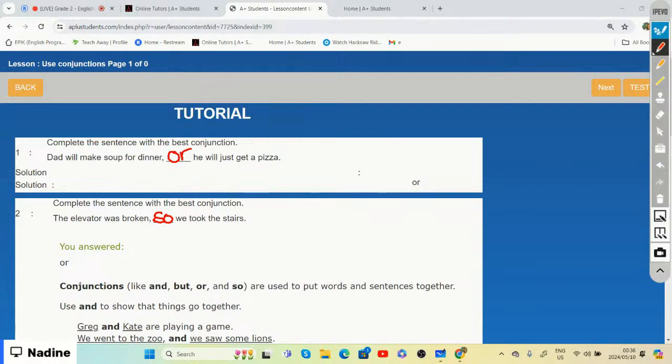Yes, so is correct. So well done. The elevator was broken, so we took the stairs. We did not have a choice. So is correct. Well done, everybody.